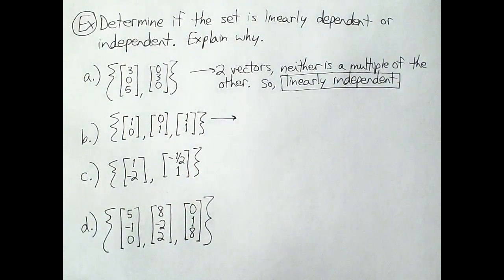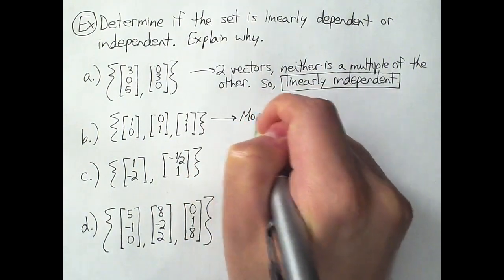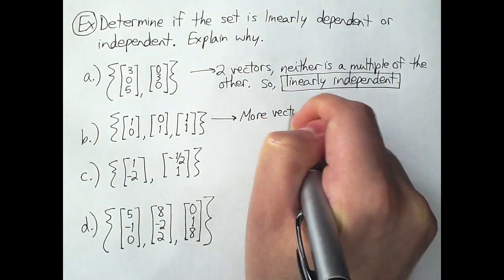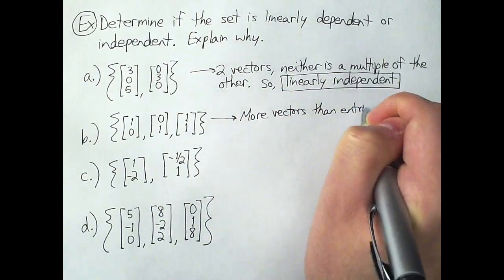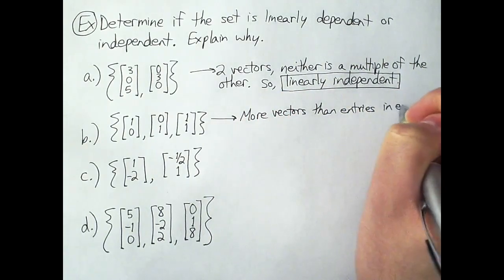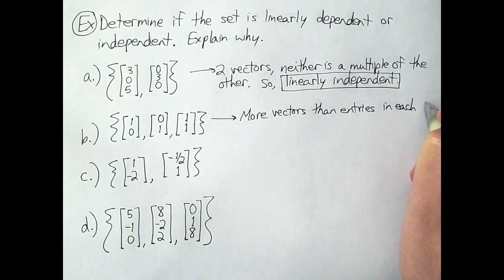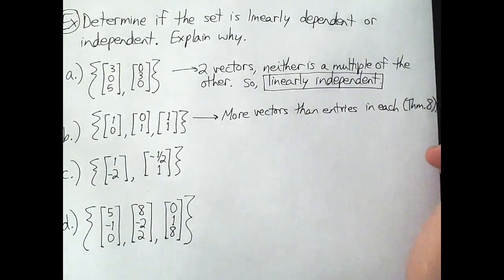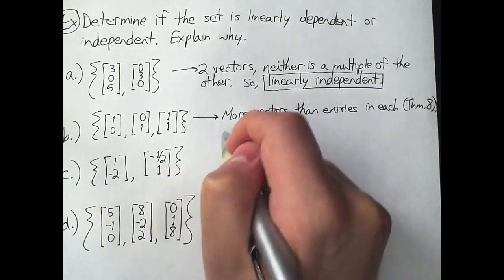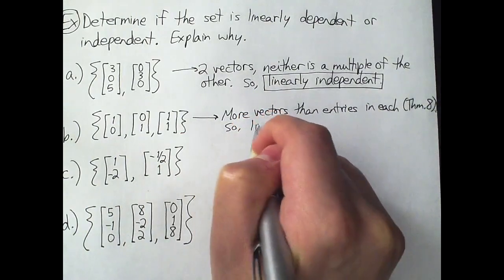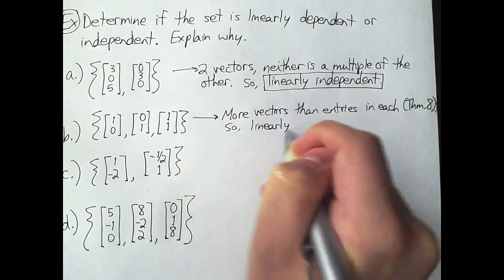We've got more vectors here than entries in each. That was theorem 8. More vectors than entries in each, so linearly dependent.